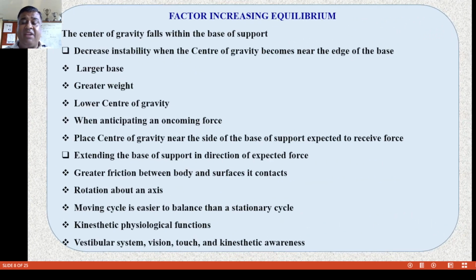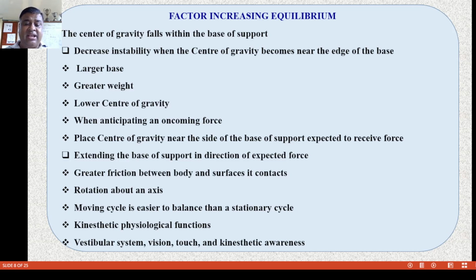Now, next are factors affecting equilibrium. Many factors are there. The first factor is decreasing the instability when the center of gravity becomes near the edge of the base. How will it happen? There should be a larger base, greater body weight, and a lower center of gravity. Any anticipated force coming should also be kept in mind. Place the center of gravity near the side of the base expected to receive the force.